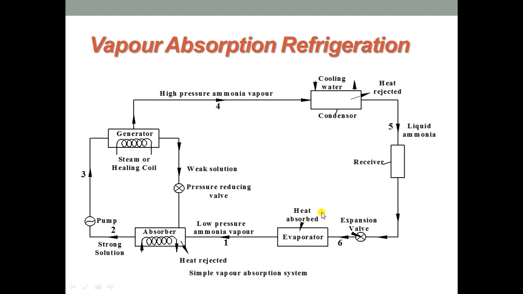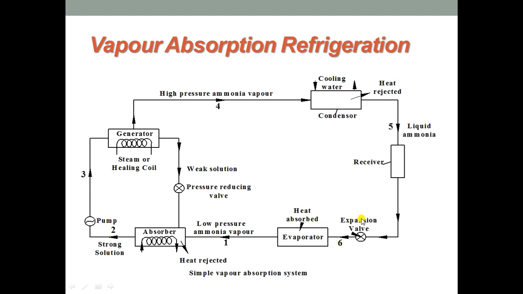The cycle repeats again and again. In addition to this, a receiver may be used in between the condenser and expansion valve, which stores a sufficient amount of liquid ammonia required for a cycle. And this is how a vapor absorption refrigeration system works.